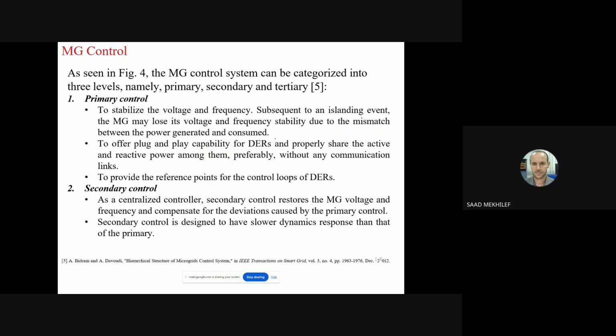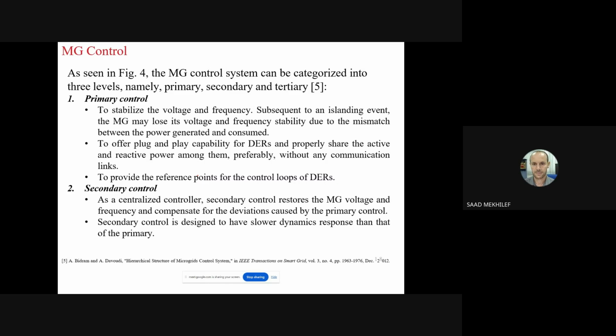And these are the explanations of each control. In these controls, we have a variety of control techniques that can be used. It's not necessarily a single control, but a variety of techniques.